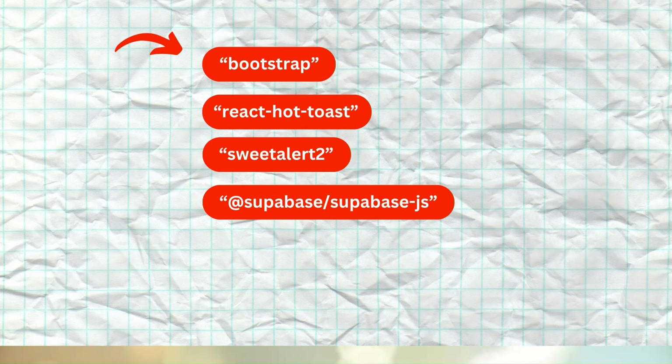We also saw a confirmation modal box while deleting, and for that we used another NPM package, and that is SweetAlert2. So apart from Bootstrap, React Hot Toast and SweetAlert2, finally for the database we have to use the Supabase NPM package. So inside this complete course, we'll use four different packages to complete this project.